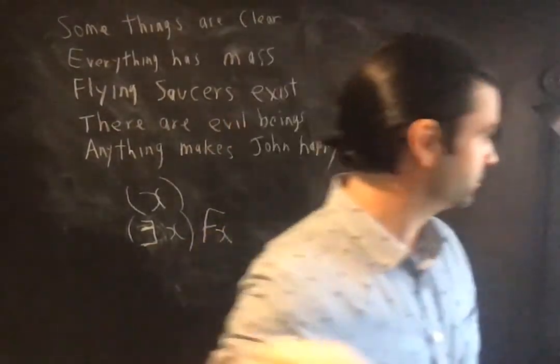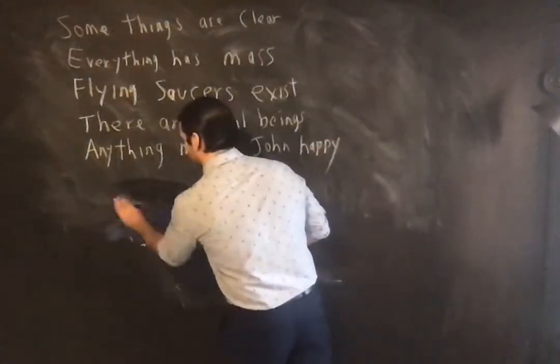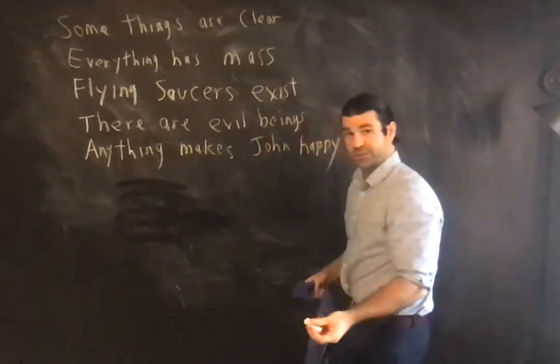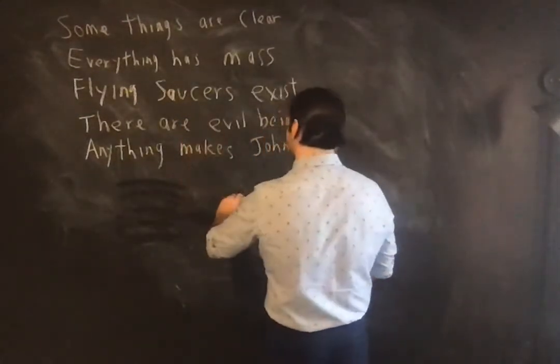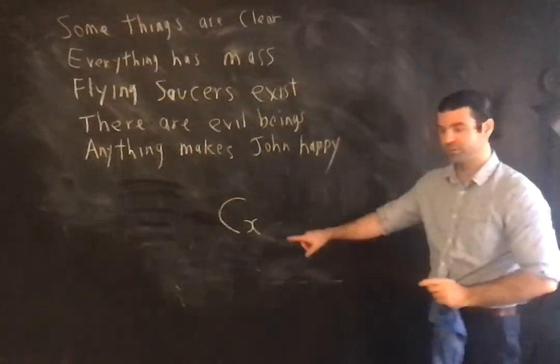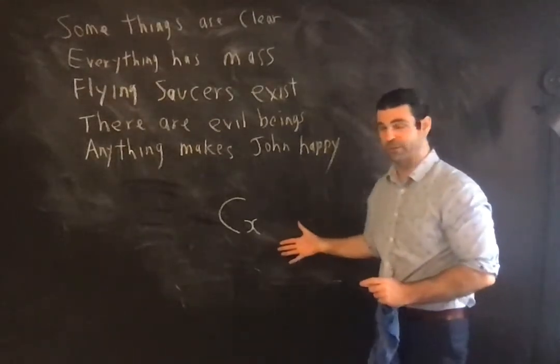So I'll do them all down here. So symbolization of the propositional function, this is just Cx, equals triple bar, x is clear. That's the propositional function, right?